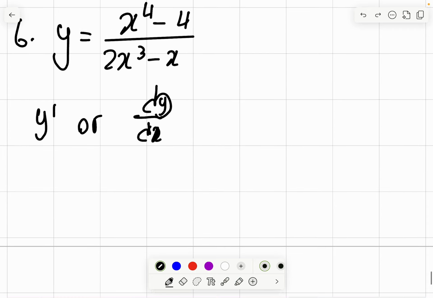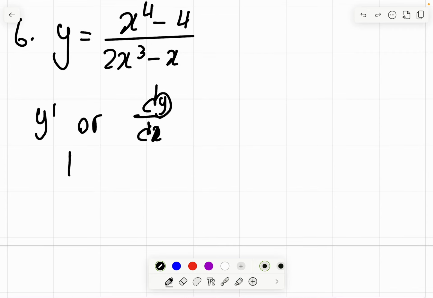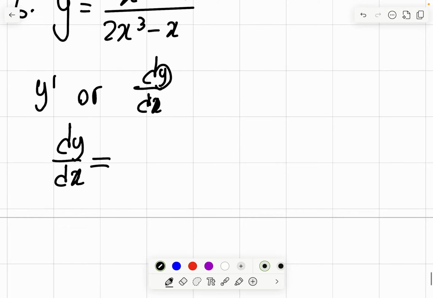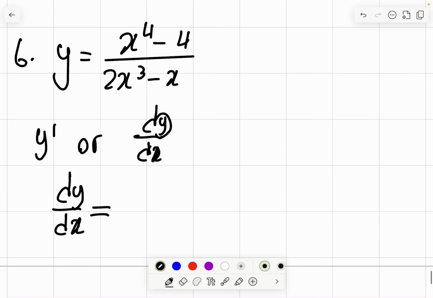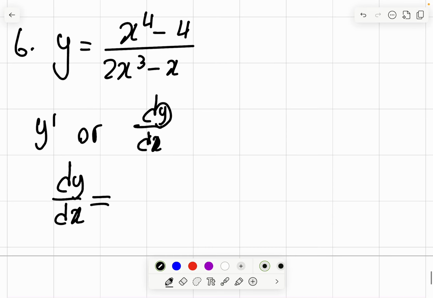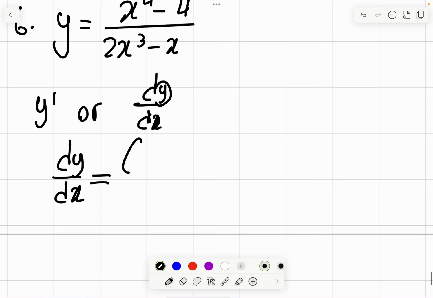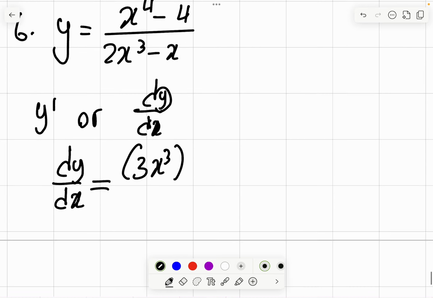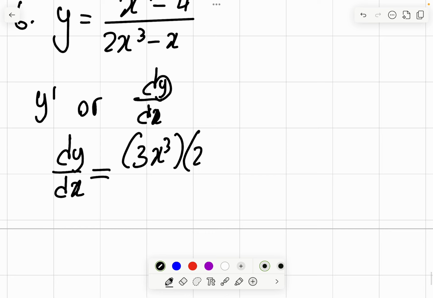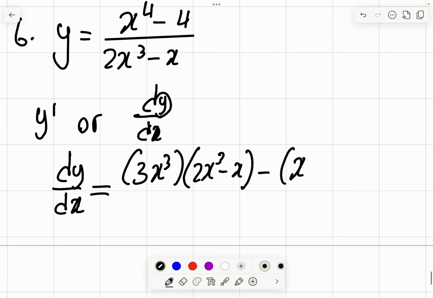So now we are deriving y with respect to x. I'm going to say dy over dx equals. I derive the first function: the derivative of x to the 4 is 4x cubed, minus 4, whose derivative is 0. Then I keep the one in the denominator, 2x cubed minus x, subtract, I keep the one in the numerator, x to the 4 minus 4.